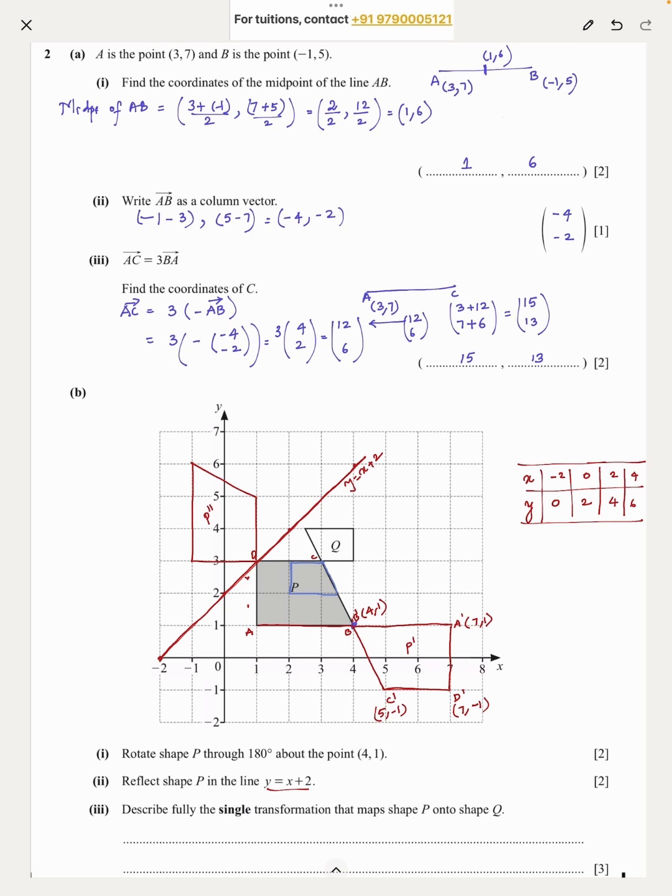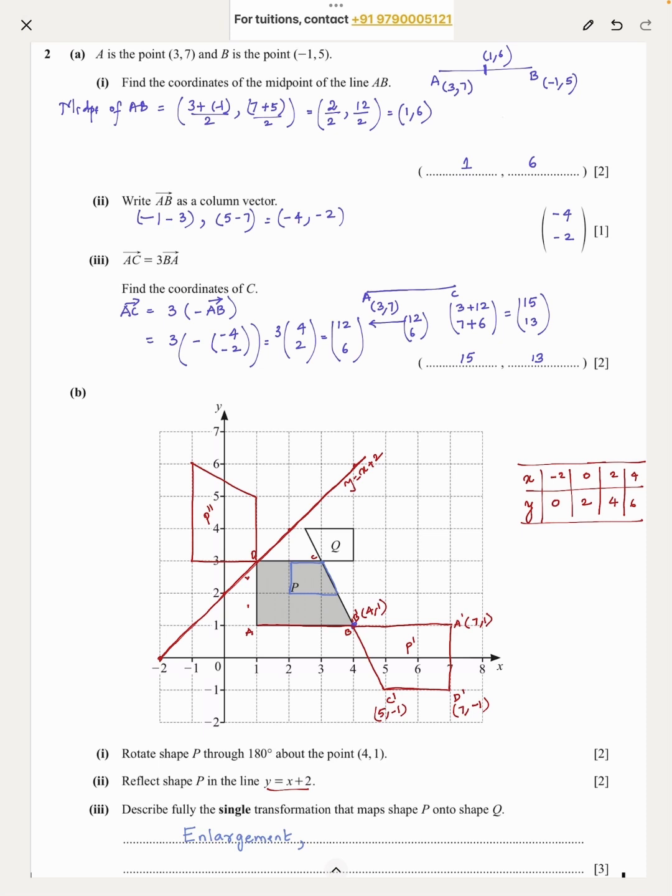Okay, so what has happened? It has shrunk. P has shrunk to become Q. But let's use the word enlargement. Enlargement by a scale factor of, what could be the scale factor?